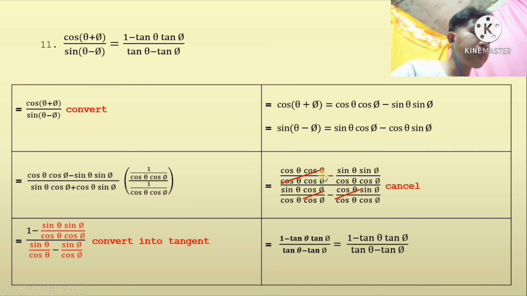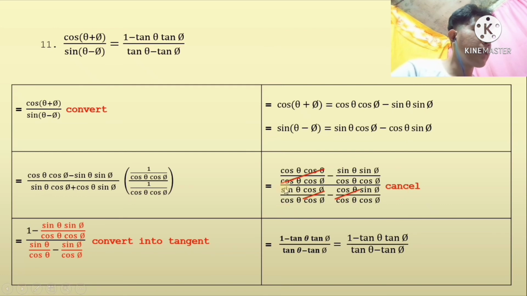So our equation will be cosine theta times cosine phi over cosine theta times cosine phi minus sin theta times sin phi over cosine theta times cosine phi, over sin theta times cosine phi over cosine theta times cosine phi minus cosine theta times sin phi over cosine theta times cosine phi.